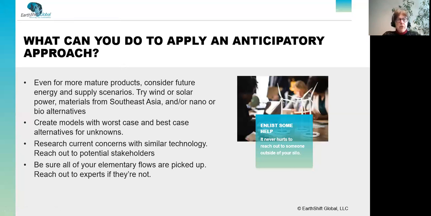We're doing a lot more scenario analysis, first of all. We look a lot more using uncertainty.